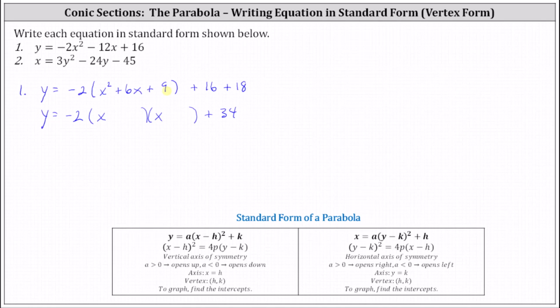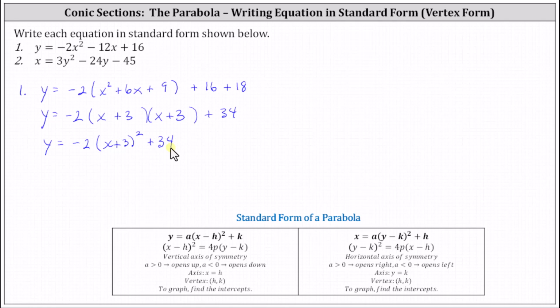We want the factors of positive 9 that add to positive 6, which are 3 and 3, giving us two factors of x plus 3. And now to write the equation in the correct form, because we have two factors of x plus 3, we have the square of x plus 3. We can write the equation as y equals negative 2 times the square of x plus 3 plus 34.